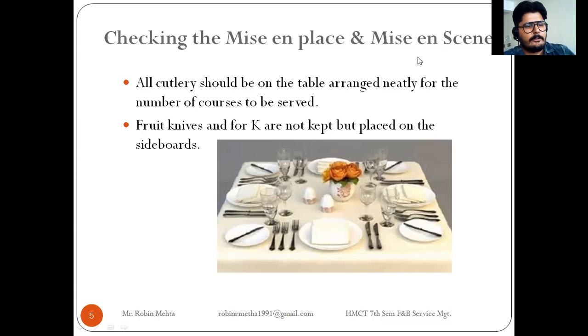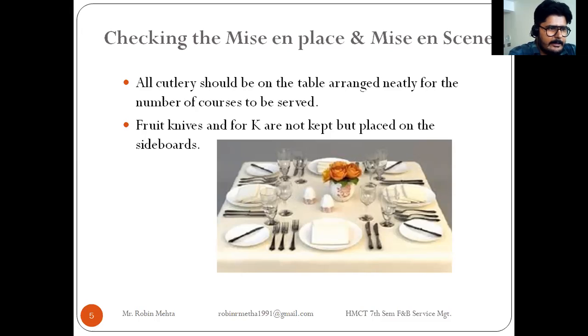If there are 2 beverages, we put 2 to 3 glasses matching the beverage in which that particular beverage is served. Also a budwa, which we call ABC, ashtray, budwa, cruet set. So in this picture, you can see there is a TDH setup over there, because the setup is organized as the menu is known in advance.